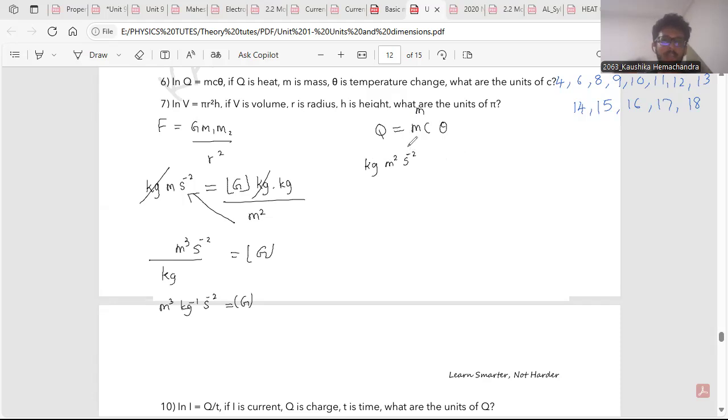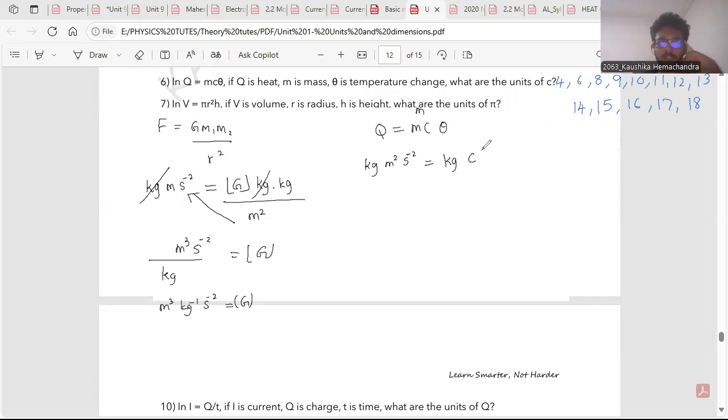You can take these units from the previous questions. Mass m is in kilograms. C is what we need to find. Theta is temperature change, either in degrees Celsius or Kelvin. Either one is okay because a change of 1 Kelvin is equal to a change of 1 Celsius. We did that last week.